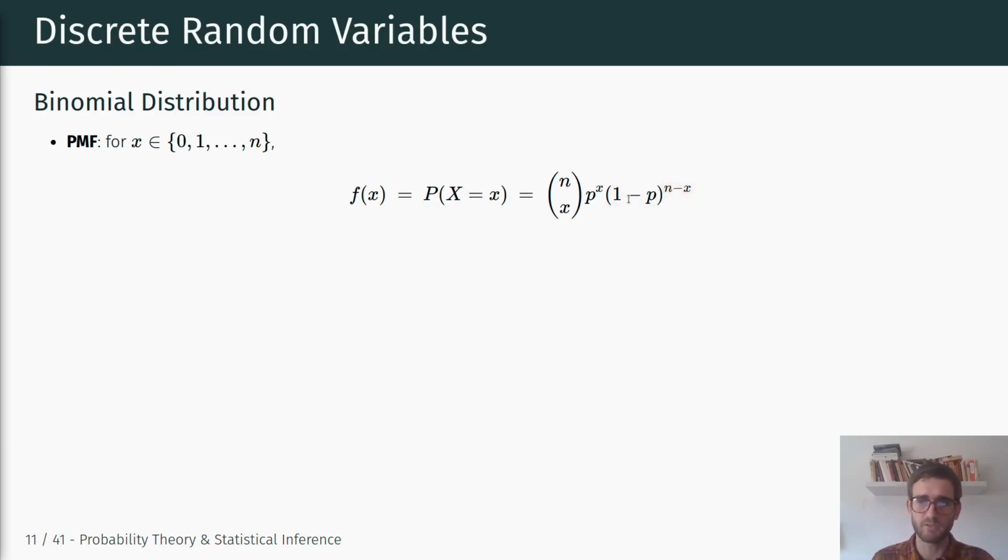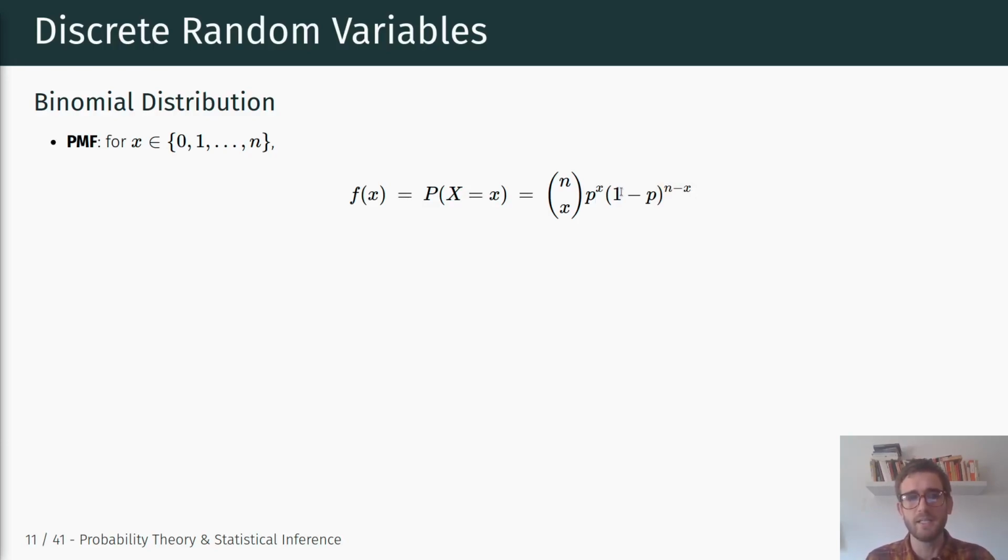Just to go through the underlying logic, p is the success probability and x is the number of successes. So we have p to the power of x, that's p multiplied by itself x times for those x successes, and 1 minus p is the probability of failure, and those are the remaining n minus x trials that were not successes.